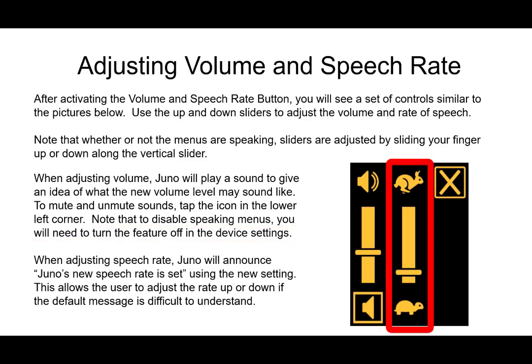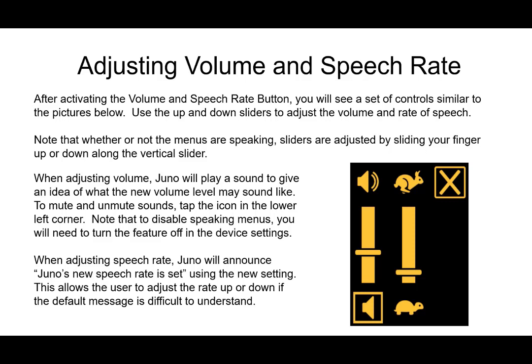On the right side is the adjustment of the speed of the speech, and as usual, the faster you want the speech, the closer to the rabbit, which is on the top of that slider, and the slower you want it to speak, the closer to the turtle, which is the bottom of the slider. So that's the universal way that it works.